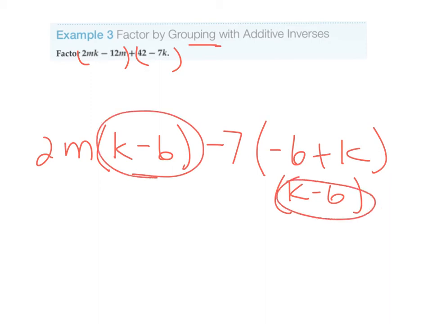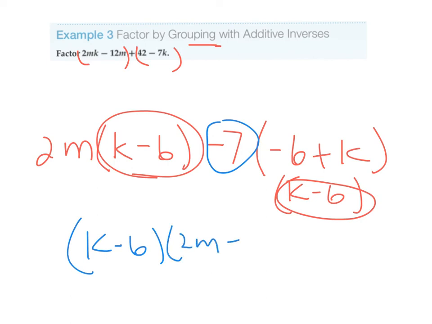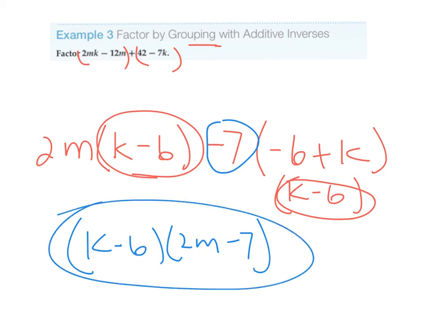So this is just dividing out with a negative number, and it changes, so we end up with the same thing. And by doing that, we now have our factors, which are k minus 6, which is what's in parentheses. And then the other parentheses is what's left over on the outside, and that's 2m minus 7. And so there's our answer, which is the distributive problem, factoring.